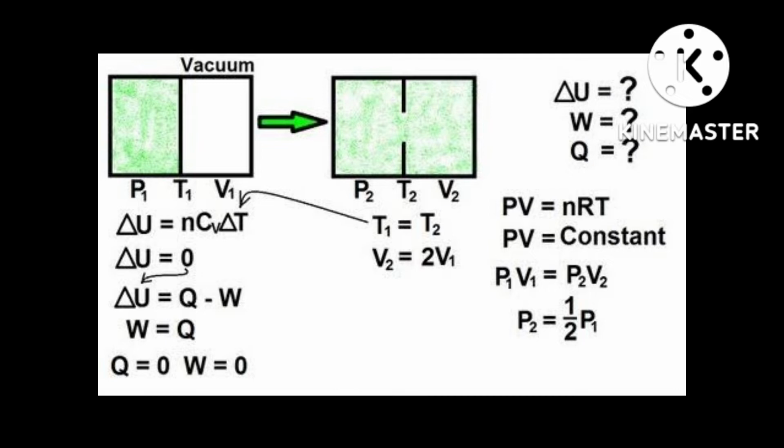Now for this, again you write the direct value of work done. Then it becomes delta U is equal to Q minus 2.303 nRT log V final by V initial.